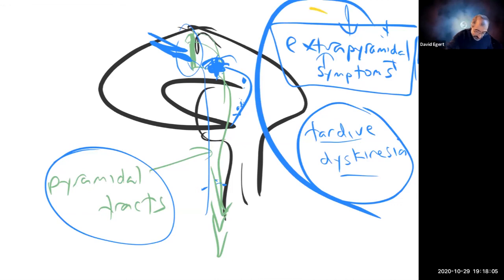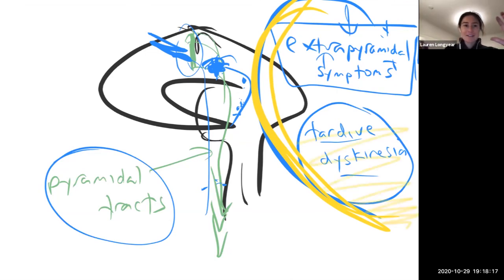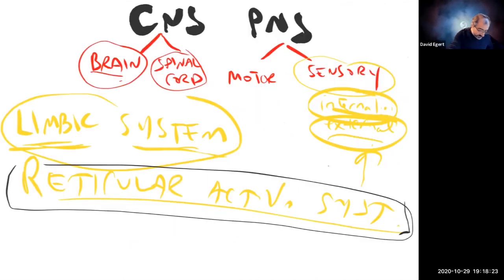Probably shouldn't even be spending that much time on this right now in our review. No, I just wanted it in relation to all the other notes I have from that lecture, categorizing the systems of limbic and reticular activating systems. Right. So these systems are very important to know about.